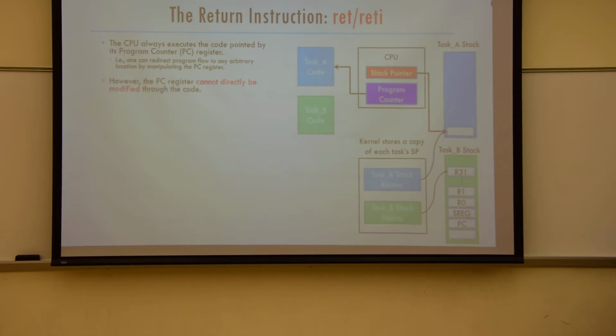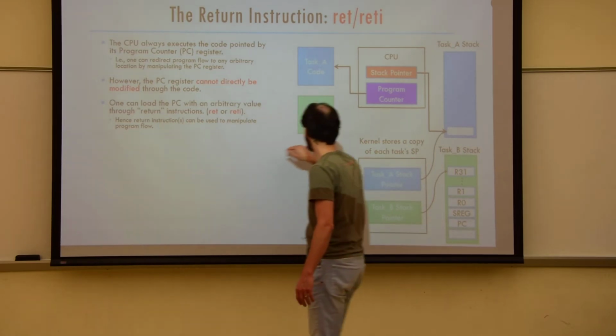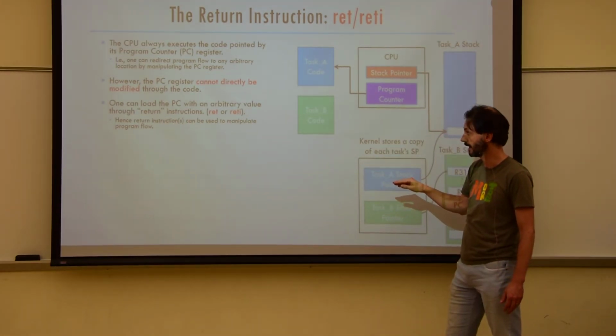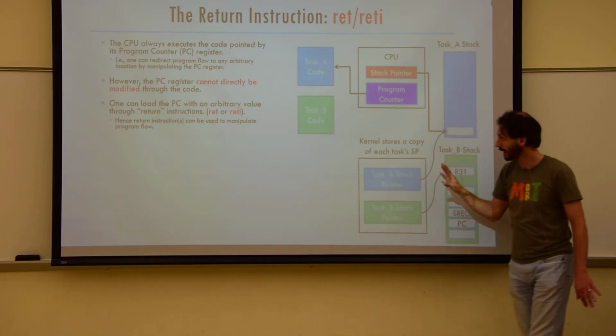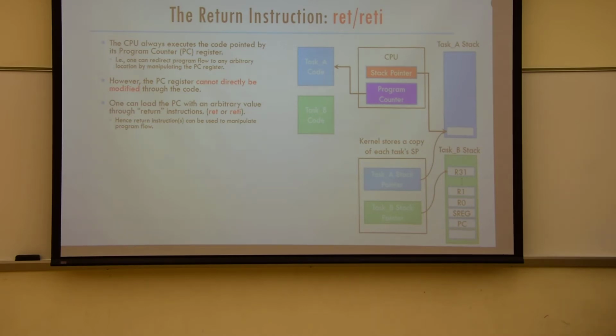You cannot directly modify this, and one can load the PC with an arbitrary value only through the return instruction. So the return instruction, the RET or the RETI. So that is how you will manipulate the program flow.